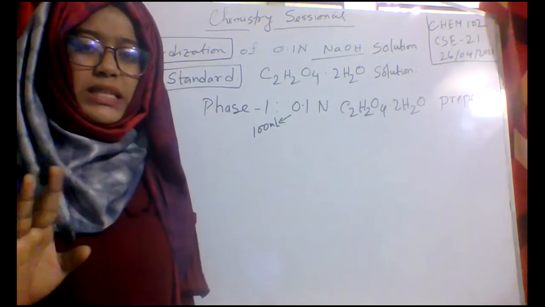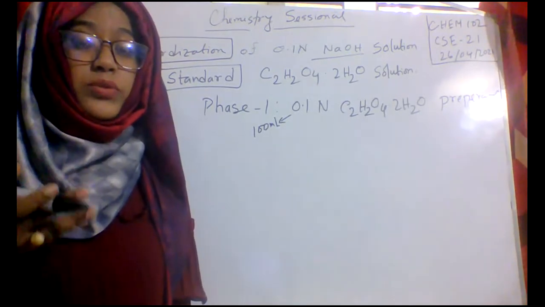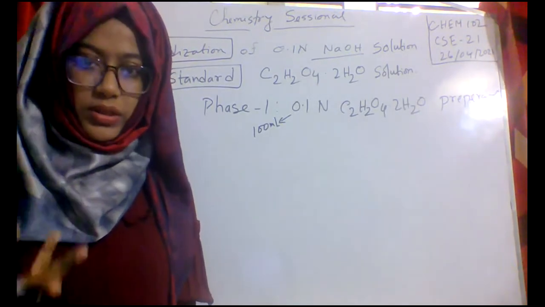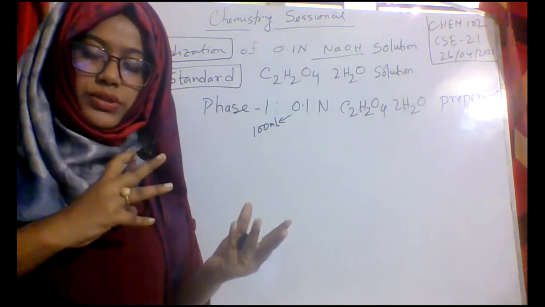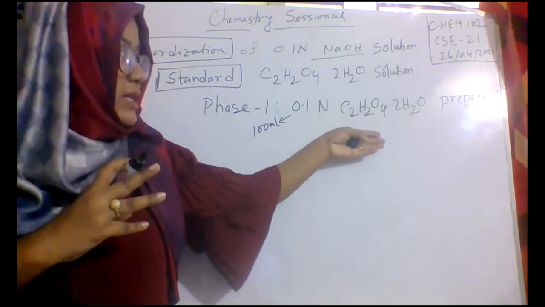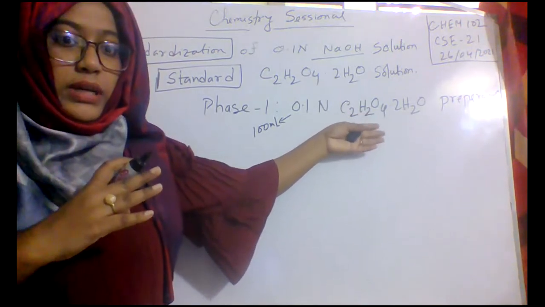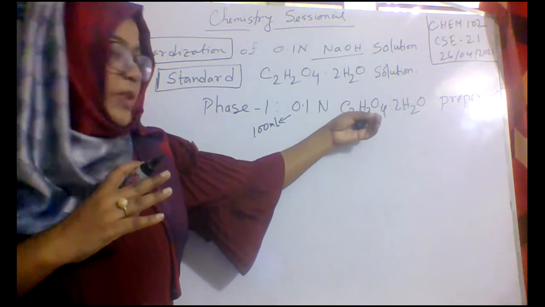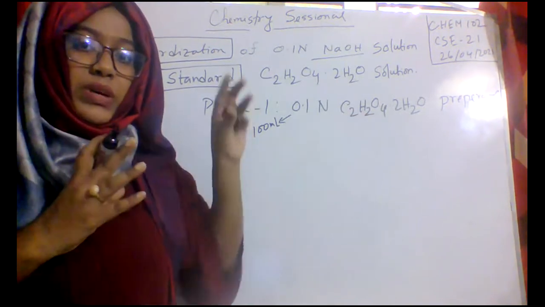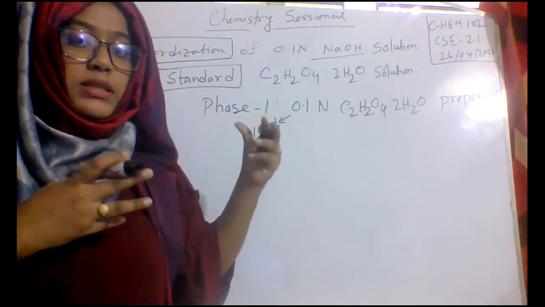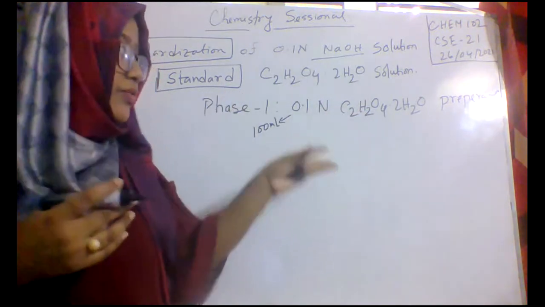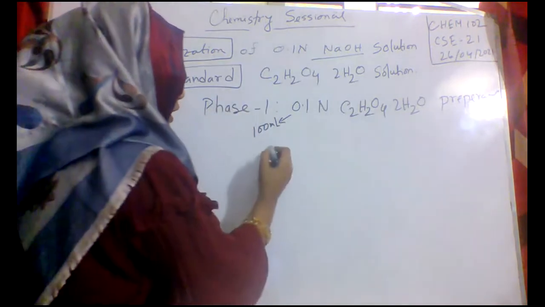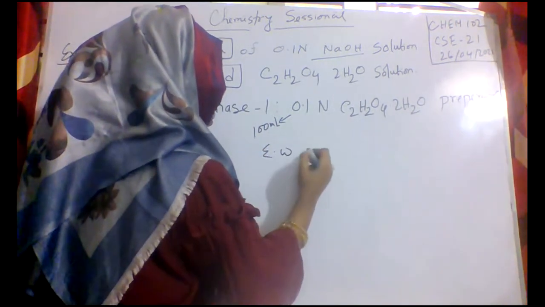For normality, it's about the gram equivalent weight dissolved per liter of solution. The number of gram equivalent weights of the solute. This species is called the solute and the water is the solvent. So that is the thing: the gram equivalent of the solute dissolved per liter of solution. So from this equation, we have to find out the equivalent weight.